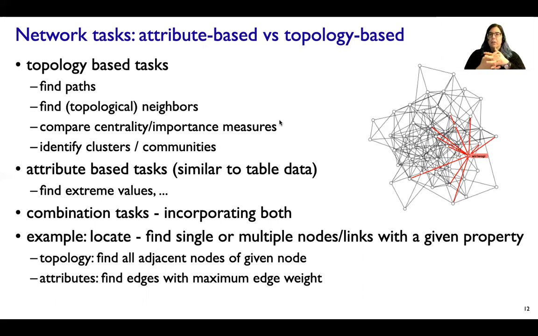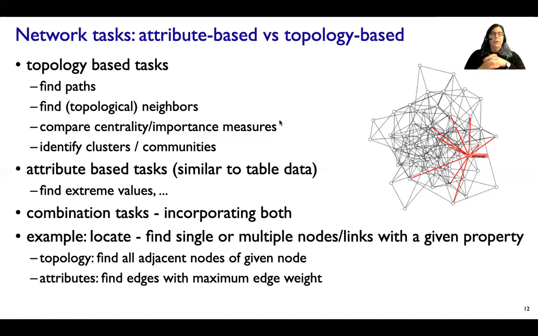But of course, what's interesting about networks is that we could have these combination tasks where we take both topology and attributes into account. And that's what we wouldn't be thinking about with just plain old table data. So for example, locating one or several either nodes or links with some given property.